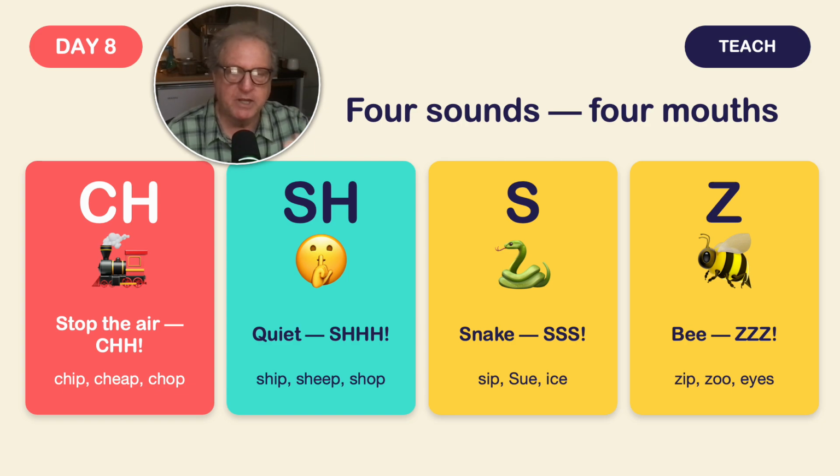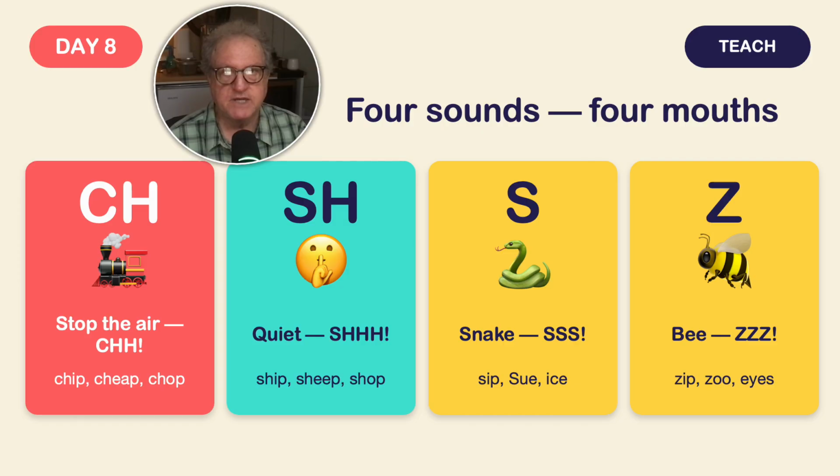In fact, children call that a choo-choo train because it goes choo, choo. It's like a chew. So CH is ch, ch, ch, very short, like chip, like cheap, like chop.